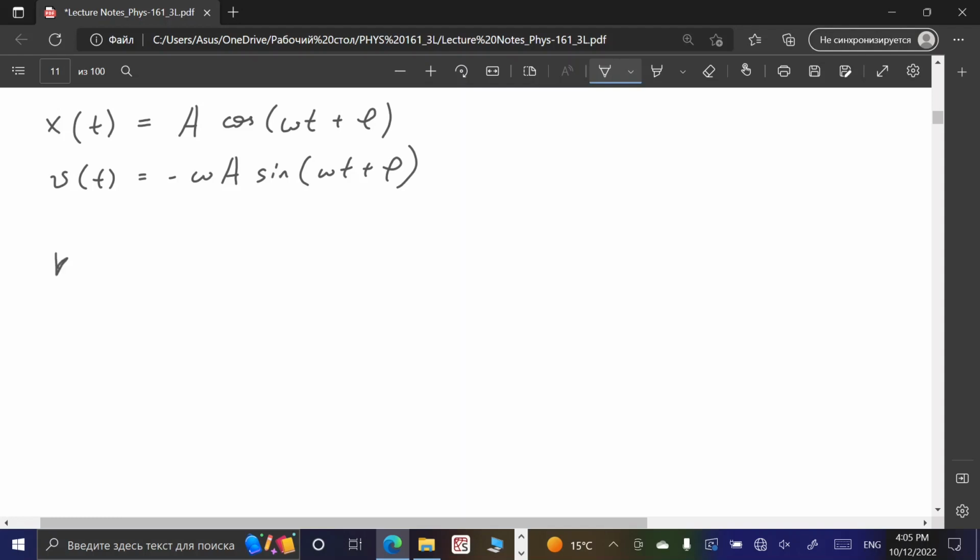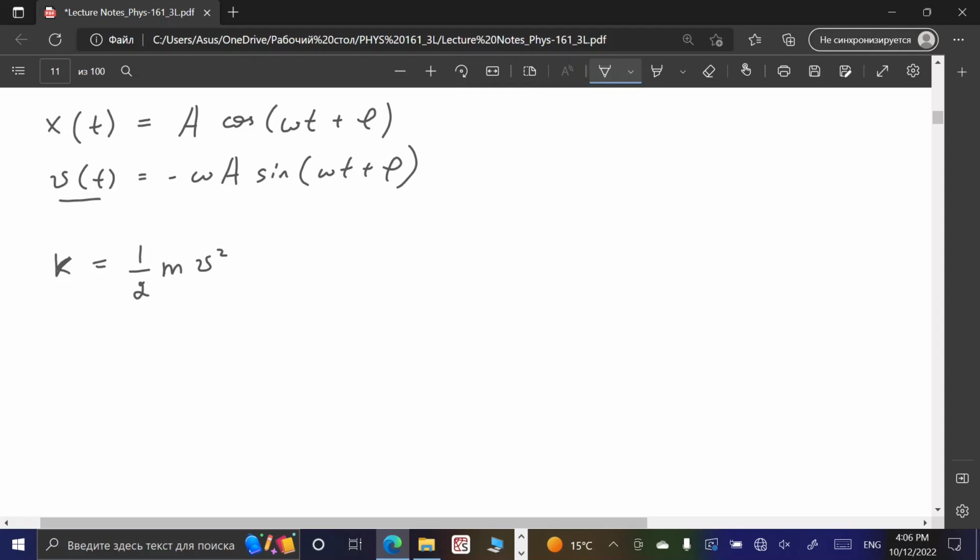So kinetic energy of this system spring block, assuming that there is zero mass for spring and all mass is concentrated in the block and there is no friction, we can write that kinetic energy will be 1/2 mass of the block times v squared. So we have expression for v as a function of time.